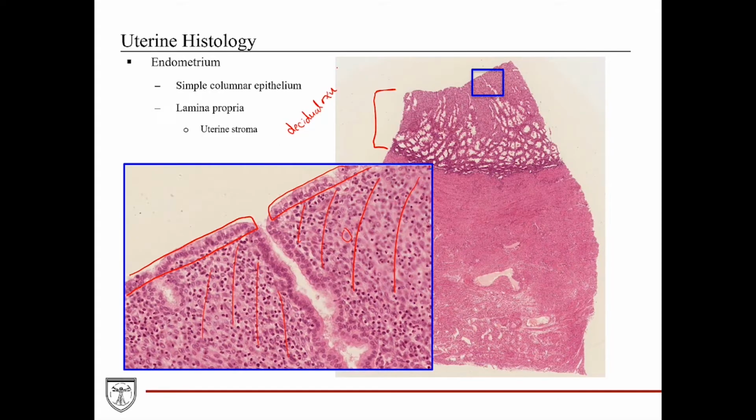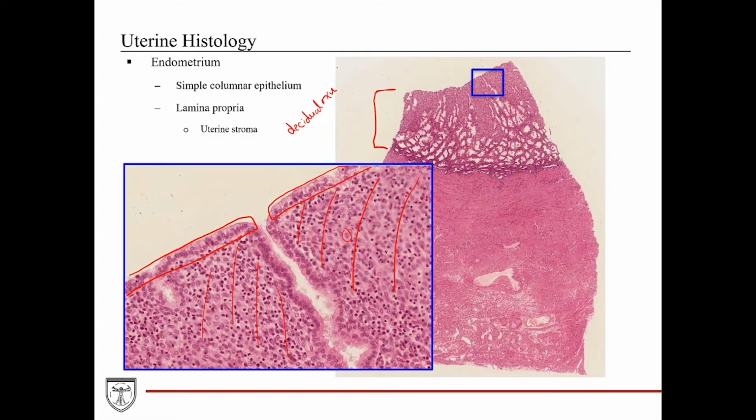And the purpose of these larger stromal cells is that if and when a conceptus arrives and starts to implant, these stromal cells can be kind of eaten up, if you will, by the placenta cells and provide nutrients to the implanting conceptus.